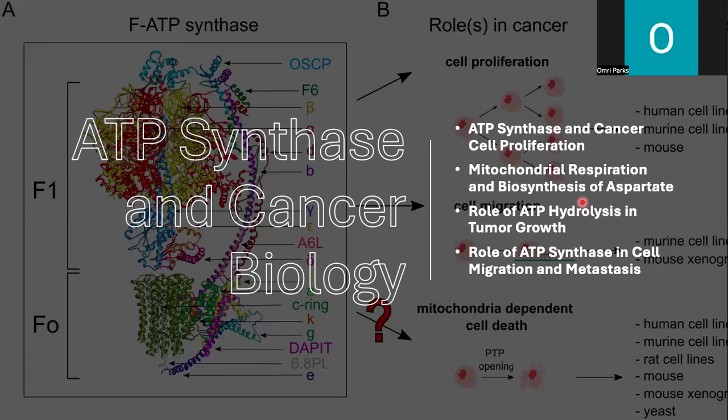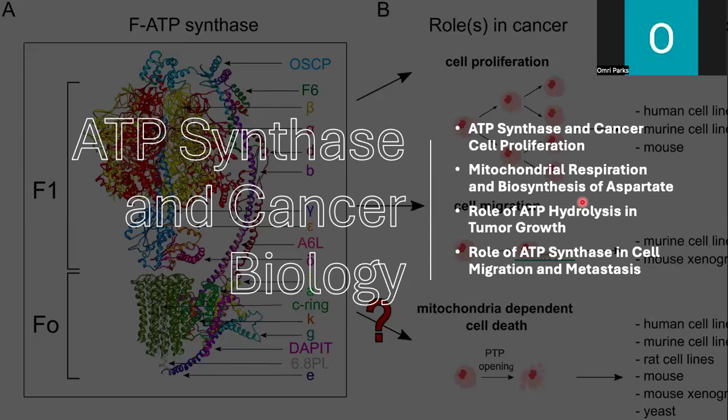And so for the role of ATP synthase in cell migration, ATP synthase plays a role in cell migration. The group was able to make this comparison of primary tumors and lung metastases in 4T1 breast cells. It was also observed that oxidative phosphorylation increased in circulating cancer cells compared to tumor cells.